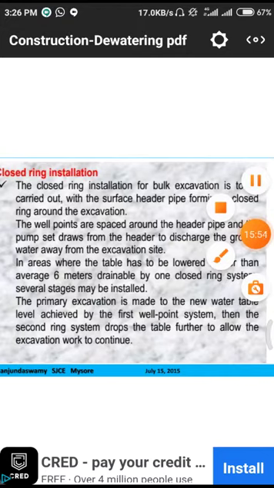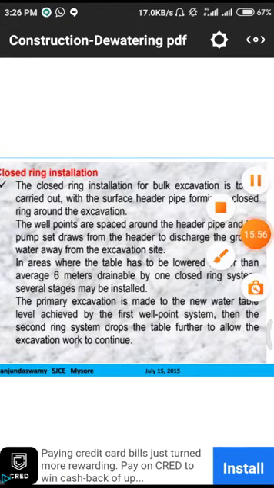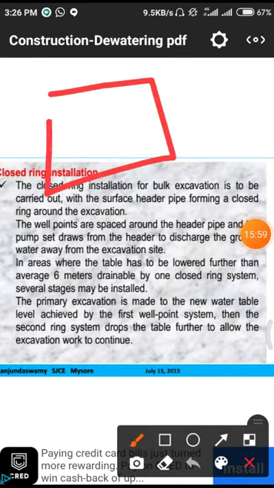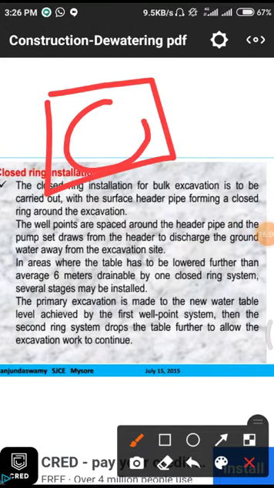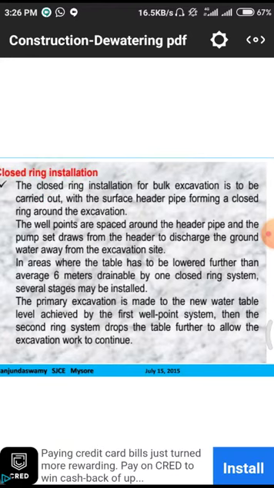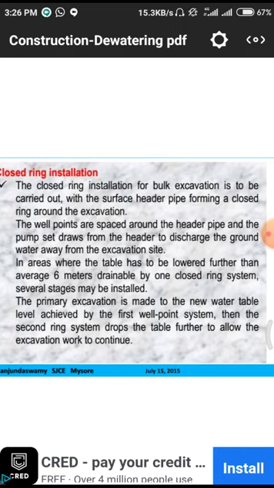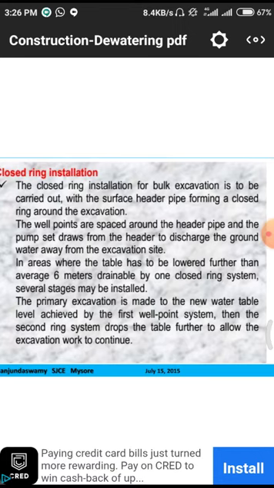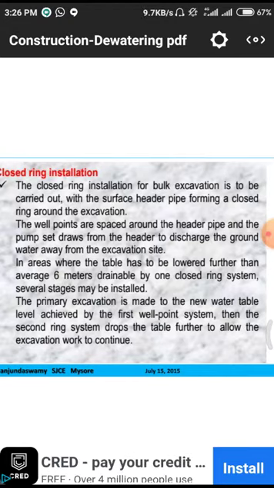That means on a particular soil we have to form a closed ring. This closed ring represents the point where we have drawn the particular quantity of water. After that the well points are spaced around the header pipe, and the pump set draws from the header to discharge the groundwater away from the excavation sites.